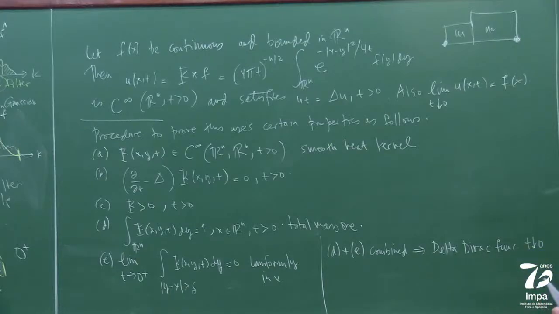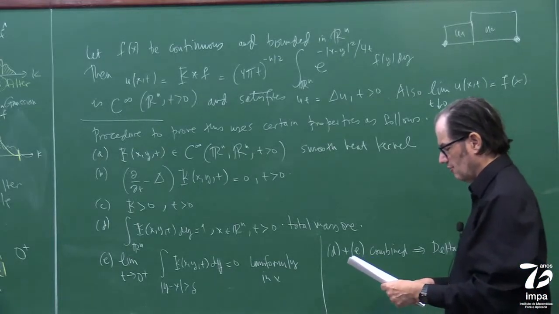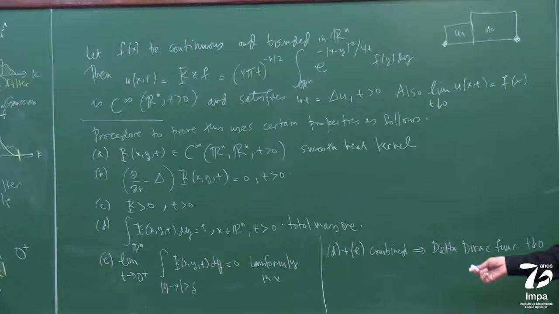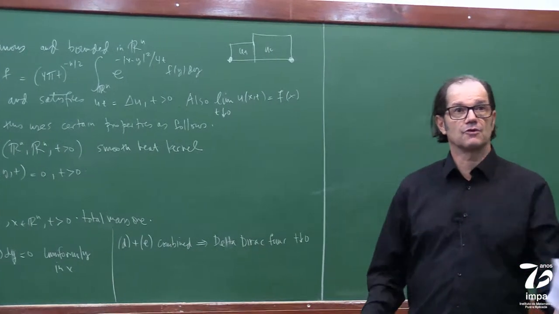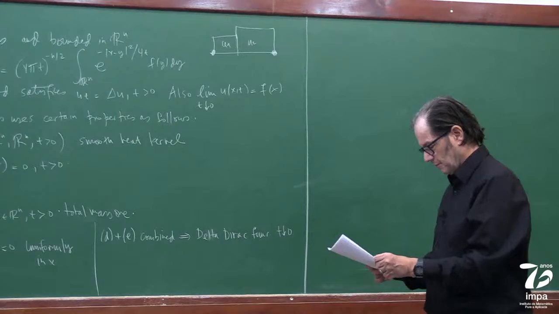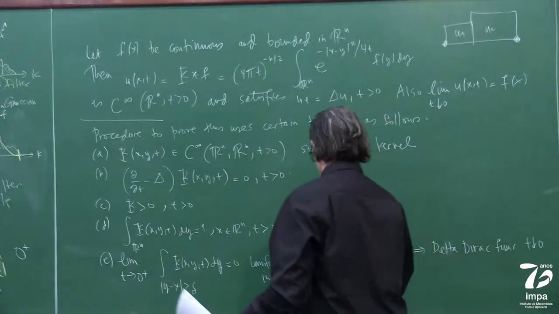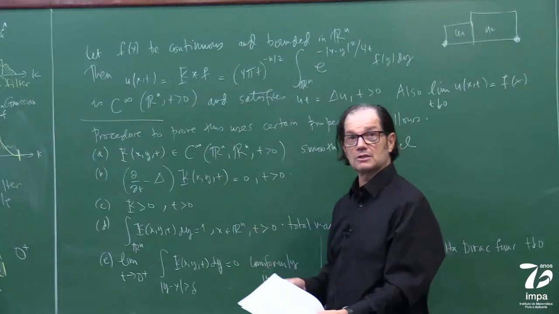And in the notes there, it is done, I'm going to check it here, checking property E. And therefore, with this we also get the initial condition. So I'm not giving all the details, but I'm giving the relevant steps for the proof, and it's very similar to the previous one. It's also in the notes. So check if you want, as a good exercise. Don't look at the notes, do it as an exercise.